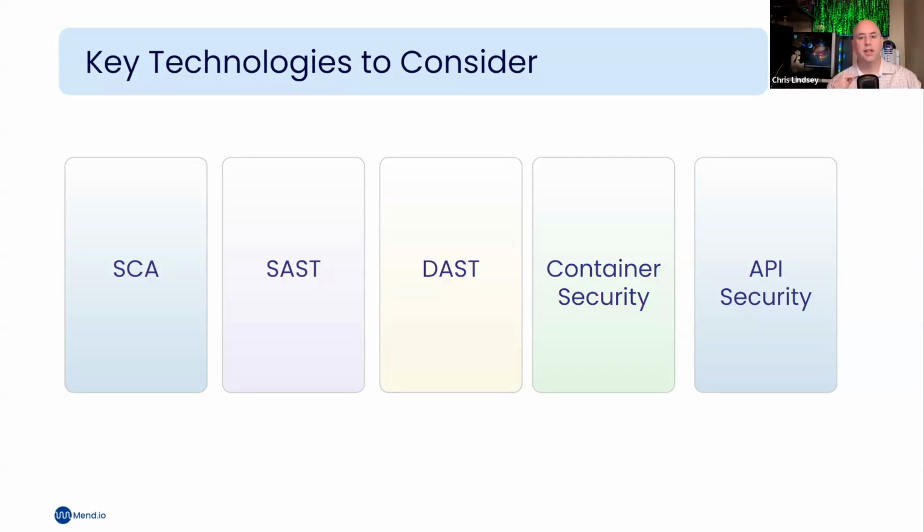Container security. I can't believe I have to mention it this way, but I'm going to go ahead and do it anyway. When you're looking at container security, you're using Kubernetes, you're using Docker. You're bringing these images down and you're scanning them and running with them.